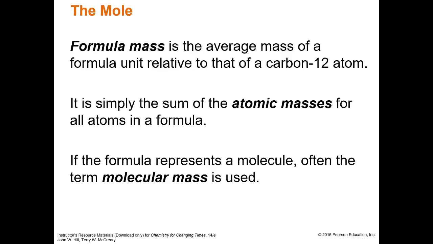So let's call it H2O, that would be 2 hydrogens, 1 oxygen. You look at oxygen, it's 16. You look at hydrogen, it's 1. So your 2 hydrogens, 1 plus 1, plus an oxygen, 16, would give you 18 for the summed atomic masses.